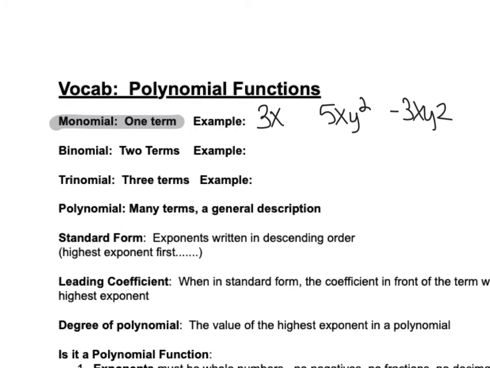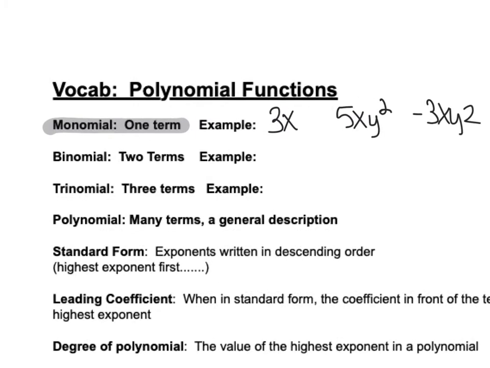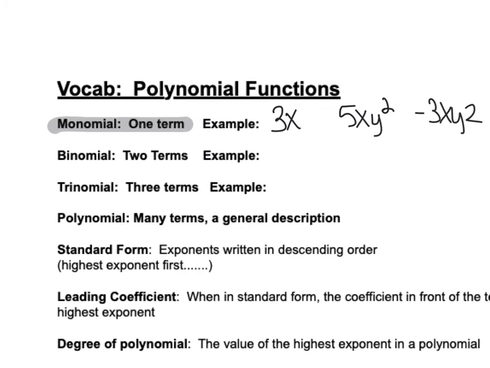When you start to have things added and subtracted, it can start to be a binomial, trinomial, or whenever we're talking about just a bunch of terms together, we give the general description of a polynomial. A binomial has two terms, and we've been doing quite a bit when we factor with binomials. So for example, x plus 2, that's a binomial.